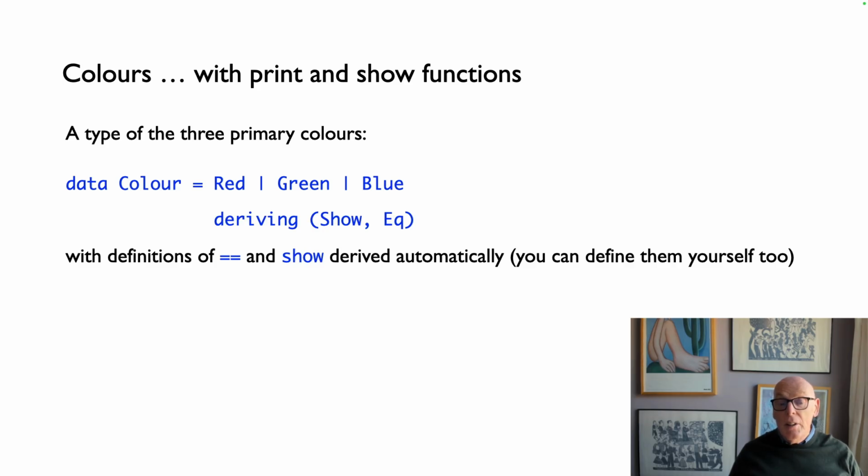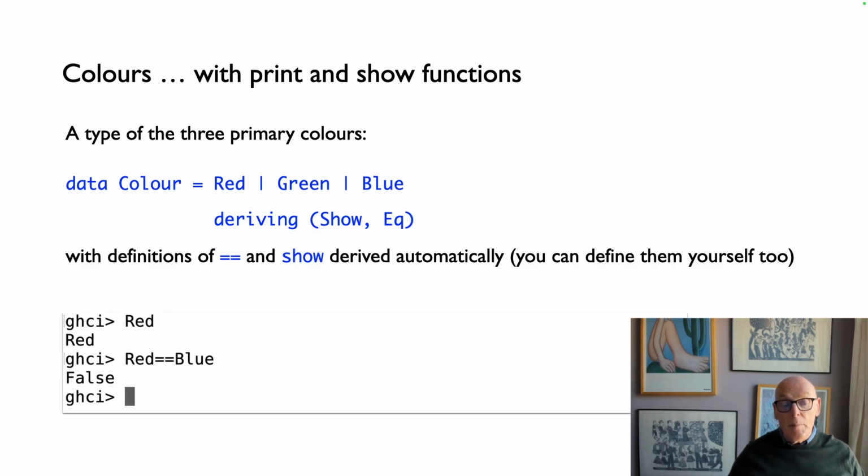And as you can guess, the show function and the equality function do exactly what you would expect. That red is not equal to green, but red is equal to red, and that showing the value red results in the string capital R E D, as you can see here.